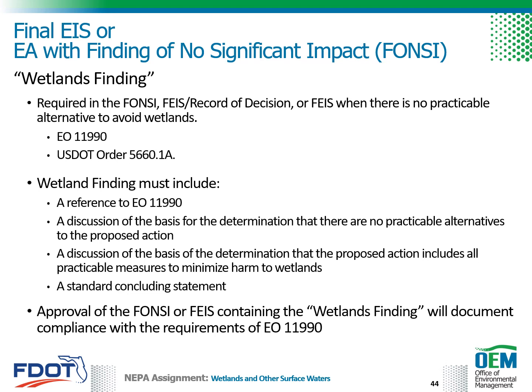Approval of the FONSI or FEIS containing the wetlands finding will document compliance with the requirements of EO 11990. The finding must include a reference to EO 11990, summarize the basis for the determination that there are no practicable alternatives to the proposed action, summarize the basis of the determination that the proposed action includes all practicable measures to minimize harm to wetlands, and a standard concluding statement.